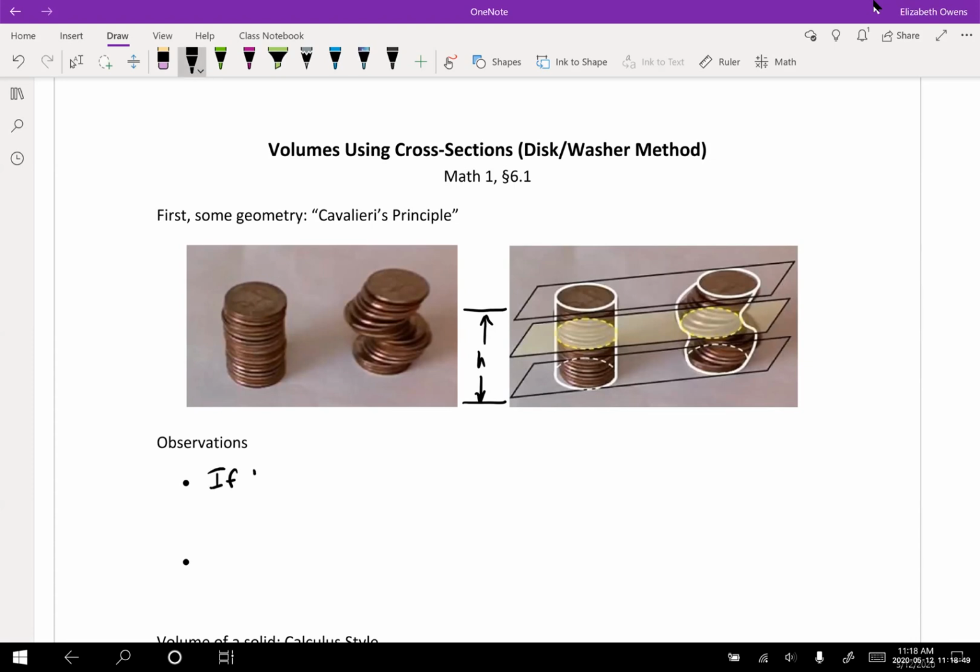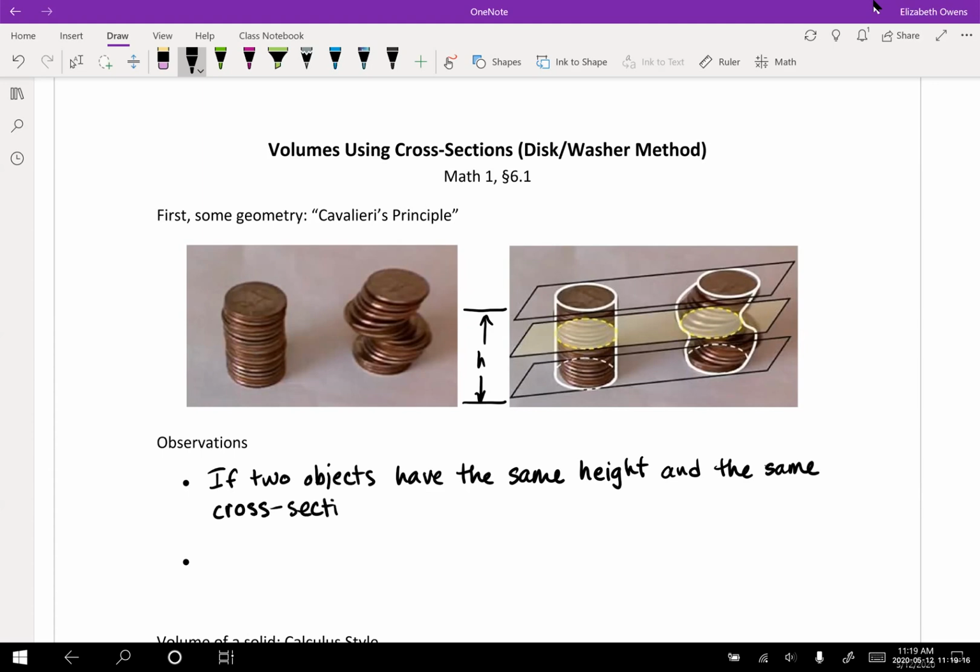If two objects have the same height, which is what this picture on the right shows us, height is the same, and the same cross-sectional area. Okay, so that's what this picture is showing with those yellow dashed circles right here.